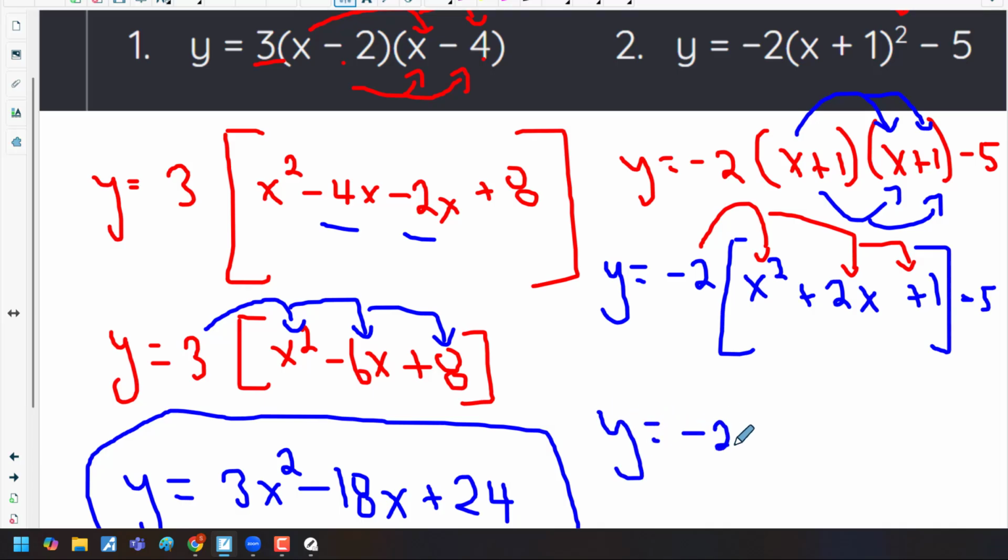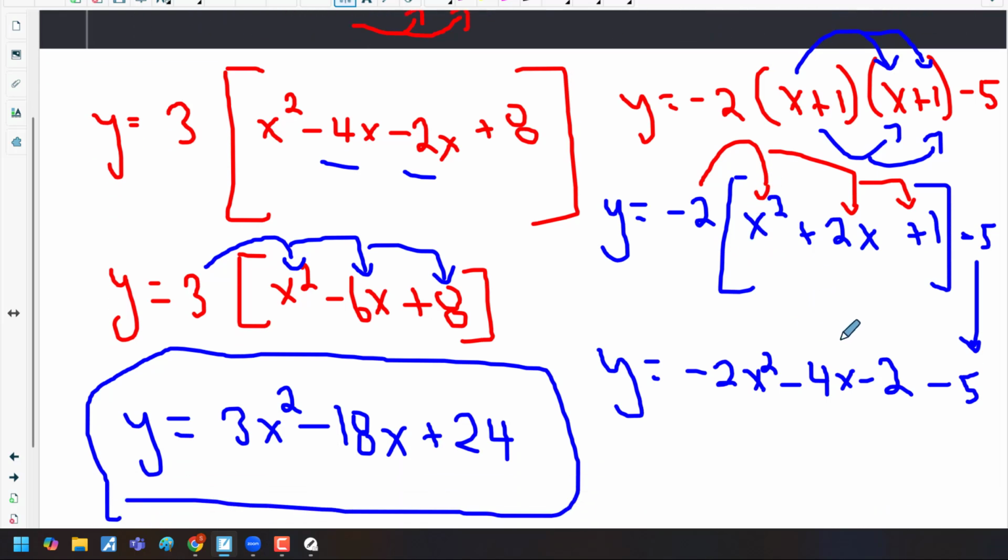Oh, sorry, no, we're multiplying the -2 now. So -2 times x is -2x squared. -2 times +2 is -4x. And -2 times 1 is -2. And here we finally have that -5 at the very end.